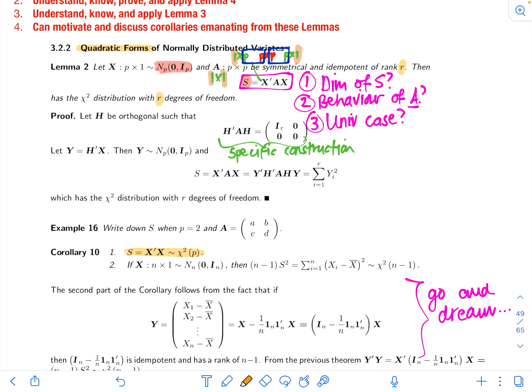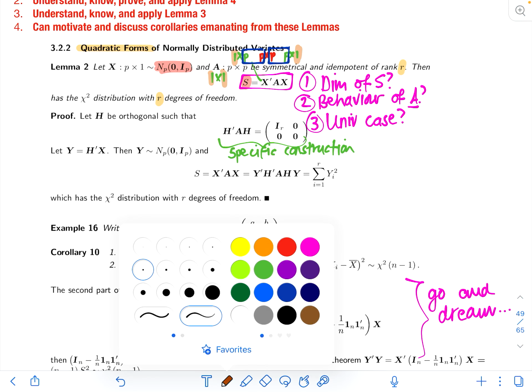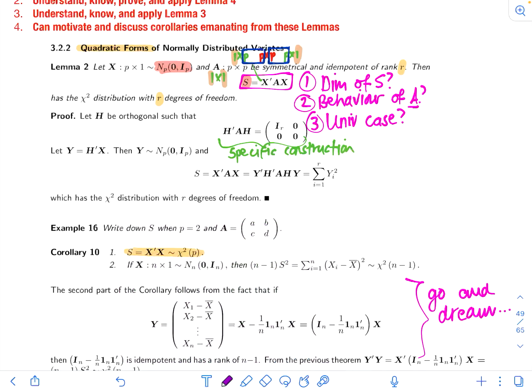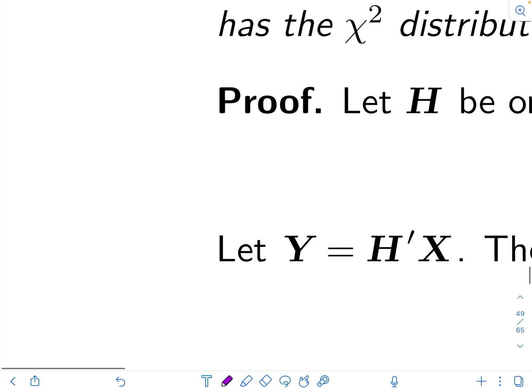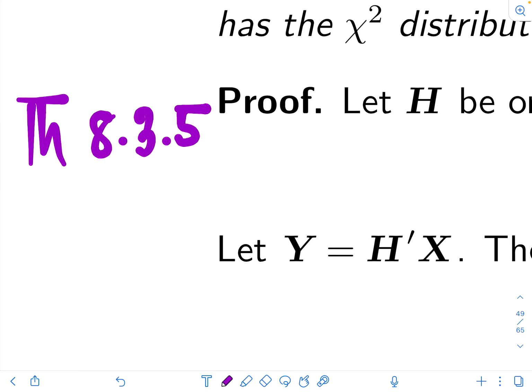Which begs the question, let's go back to what we've learned before. Is there a univariate consideration, or something close enough to it, which might be valuable for us to take note of? Well, fortunately, yes. In Bain and Engelhardt, many moons ago, we had theorem 835.